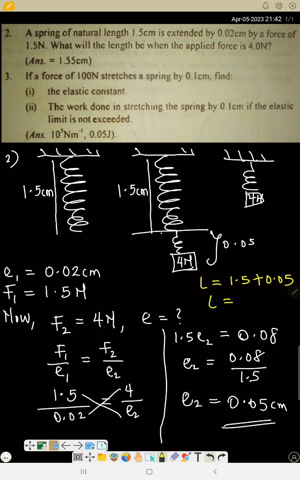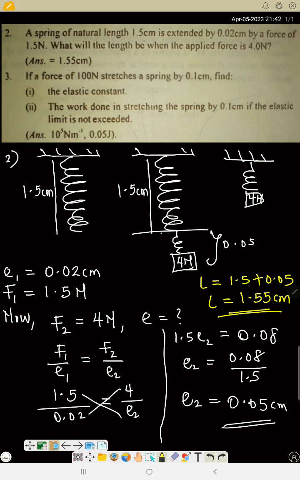So the new length is 1.5 plus 0.05. That is 1.55 centimeter. So that is the answer. So the answer is correct, 1.55 centimeter. So that is the original length.